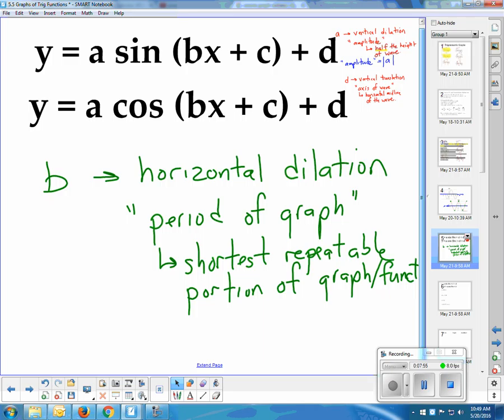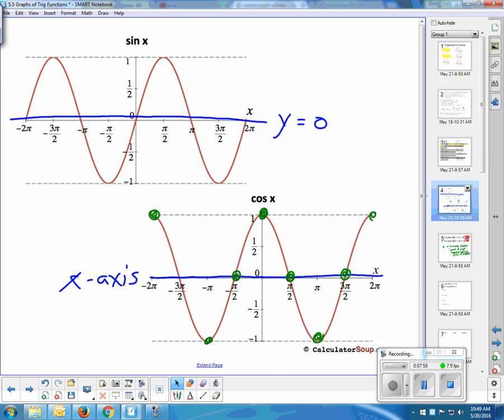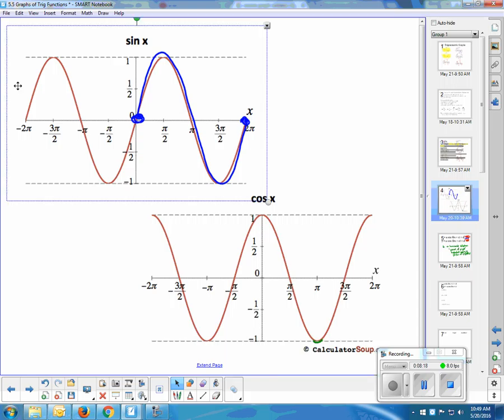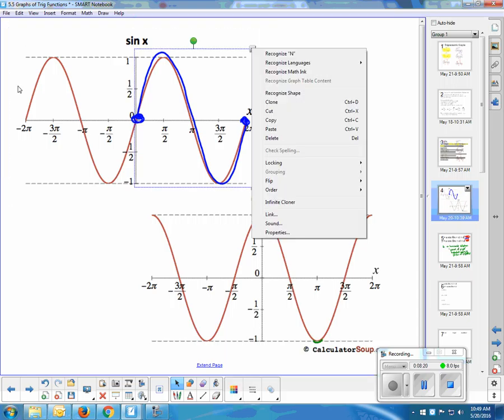Once again, if we look back at our parent function graphs, we see the repeated nature within each one of them. If I choose the sine function and start at the origin, I can see that this portion exists on the graph before it starts to repeat itself.